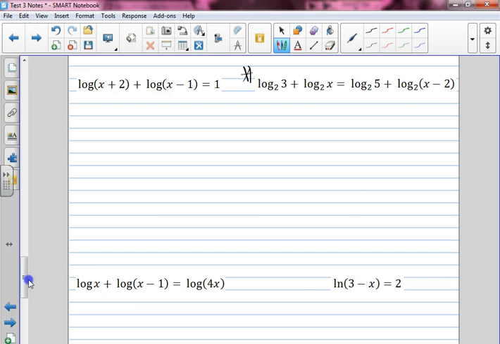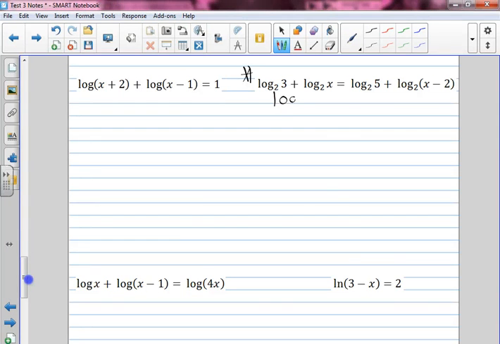This time I say, are there multiple logarithms? And yes, there are. So I have to use my log properties on both sides. So I'm going to start on the left side. It says log base 2 of 3 plus log base 2 of x. Remember, when you have addition, that really wants you to multiply.